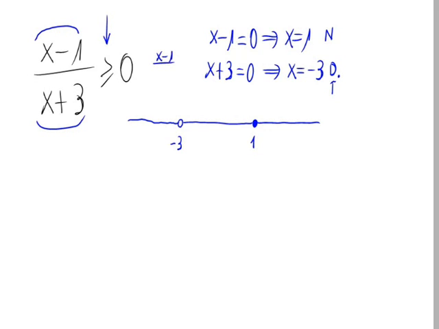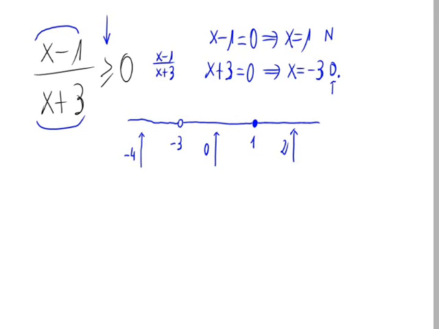Now let's study the intervals of the fraction (x - 1)/(x + 3). Let's go with a value smaller than -3, for example -4; between -3 and 1, it could be 0; and bigger than 1, 2, for example.